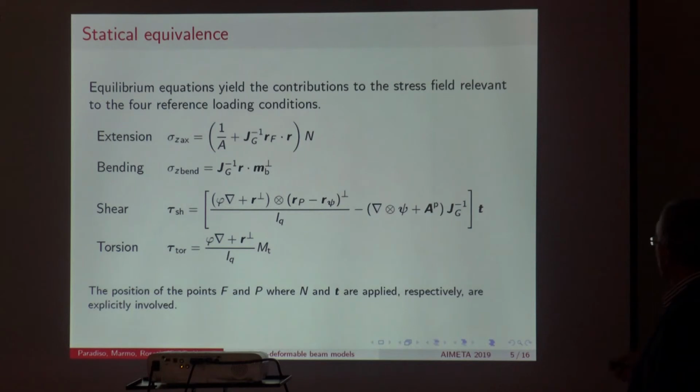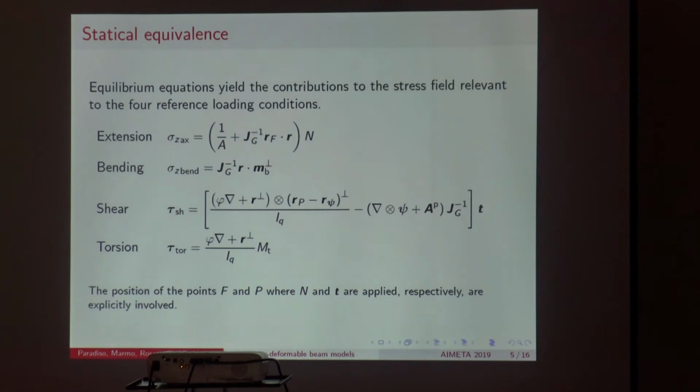Well-known relationship. Please notice that the difficult part of this solution, when expressing and evaluating the shear stresses in the section, is the evaluation of these three harmonic functions. This is a scalar function associated with torsion. This is the warpage, the so-called warpage. There are two functions, it's a vector of two functions.